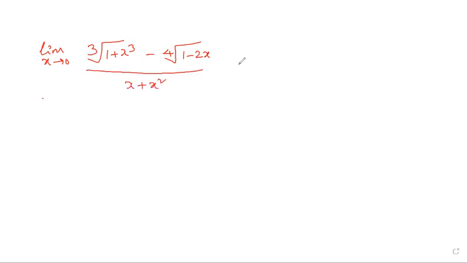Direct substitution: x is 0, cube root of 1 plus 0 is 1, fourth root of 1 minus 0 is 1, over 0 plus 0 square is 0. So 1 minus 1 over 0 gives 0 by 0, an indeterminate form.